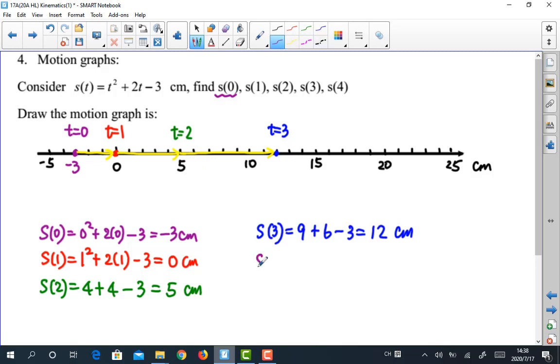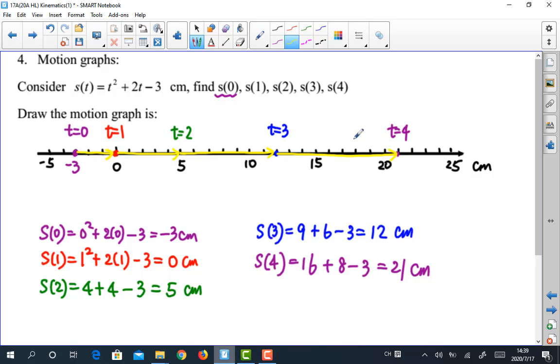Then let's look at s of 4. So s of 4 should be 16 plus 8 minus 3, 21. So at t equals 4, the moving object P is 21 centimeters away from the origin and on the right side of the origin. So from t equals 3 to t equals 4, the moving object is going this way.